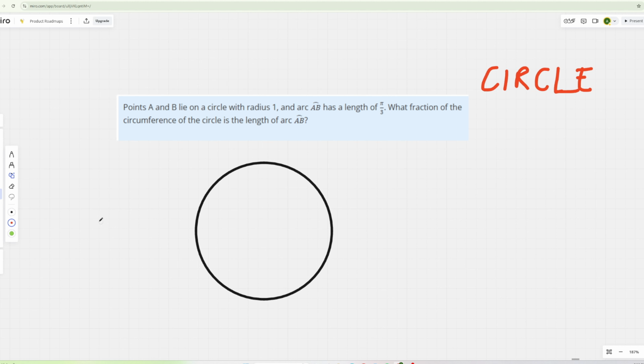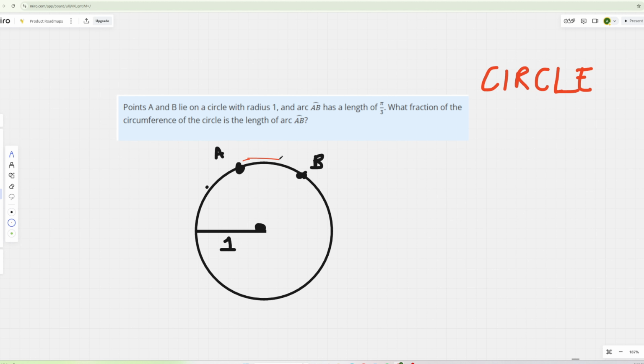Okay, well, just draw what I know. When in doubt, just draw. So the radius is 1, and let's say this is AB. This arc is, what does it say?